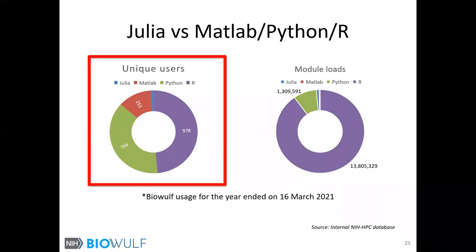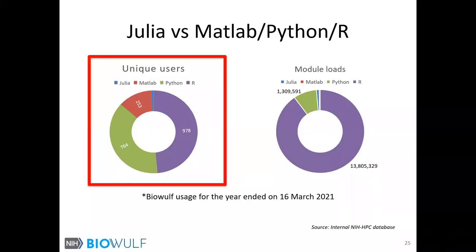If we look at the number of unique users that have used Julia compared to Matlab, Python, and R, we see that there's a huge difference between Julia and the others. R had almost 1,000 users, and Python had 764, Matlab a smaller portion, and Julia had a very small portion of those users.